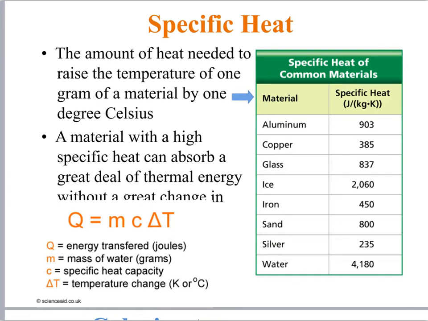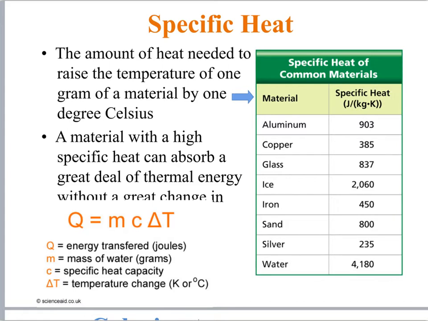Specific heat is one of these very specific things, pun intended, that is very indicative of any particular substance. Okay, it's like an identifying characteristic, just like the density, the boiling point, any of these standard physical characteristics of a substance.